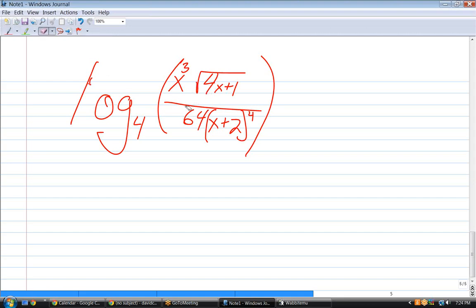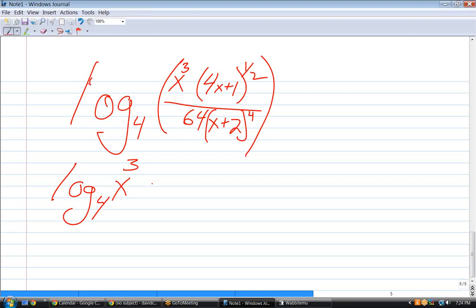Take it apart one piece at a time. But before we even take it apart, let's get rid of the radical sign. Let's make that 4x plus 1 to the 1/2 power. Okay? All right. So, let's start separating. First term we're going to have is log base 4 of x cubed.